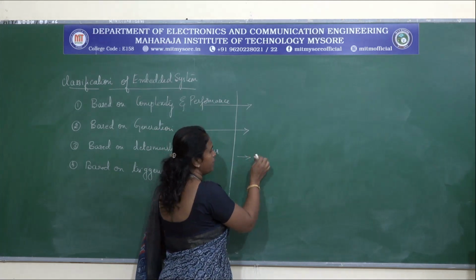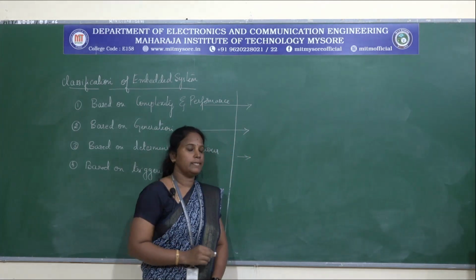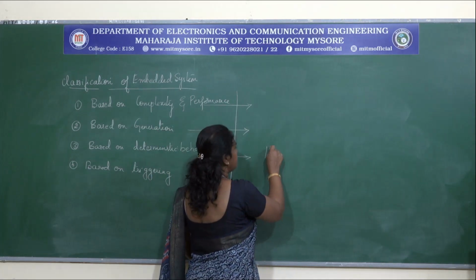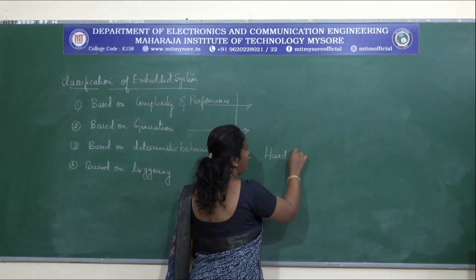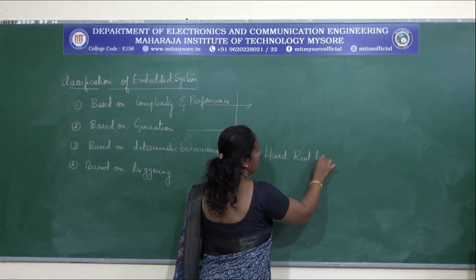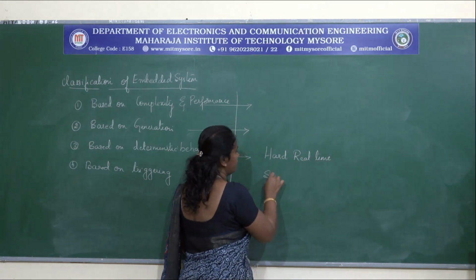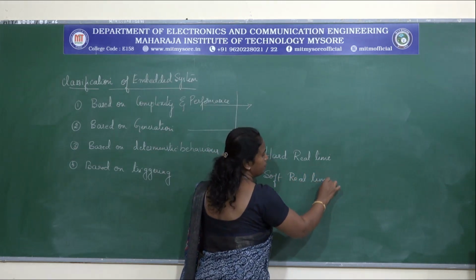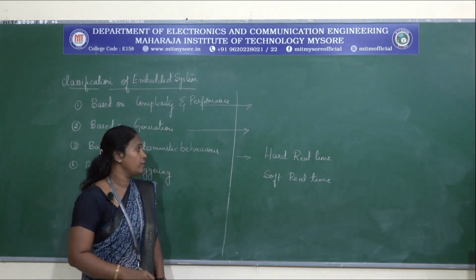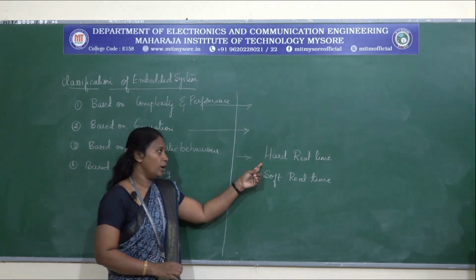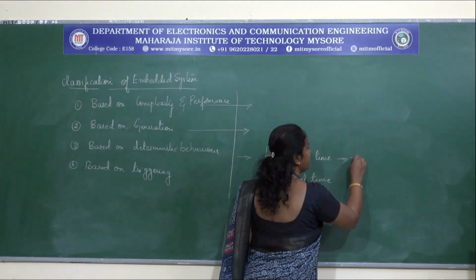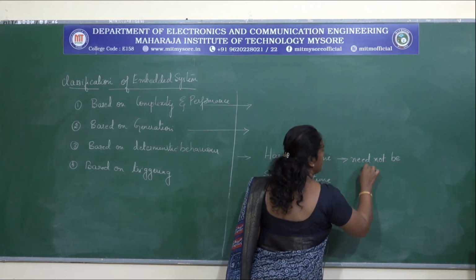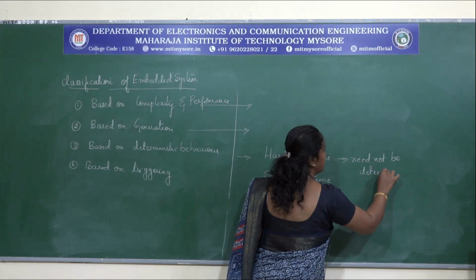Deterministic behavior means whether it is performing its action in real time or not. In deterministic behavior we have hard real time and soft real time. In the case of hard real time, it need not be deterministic.